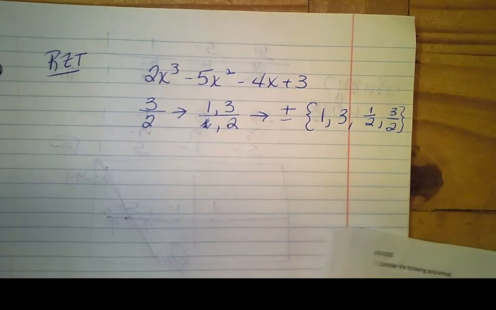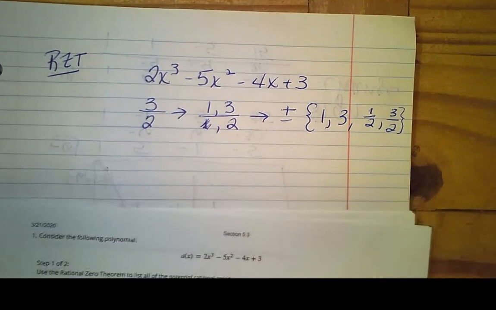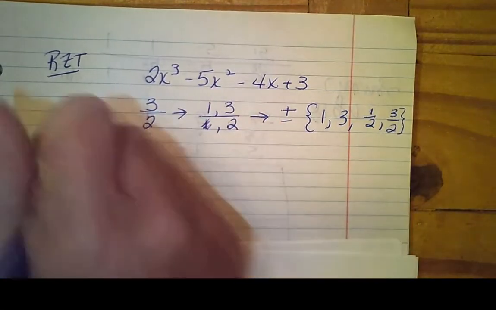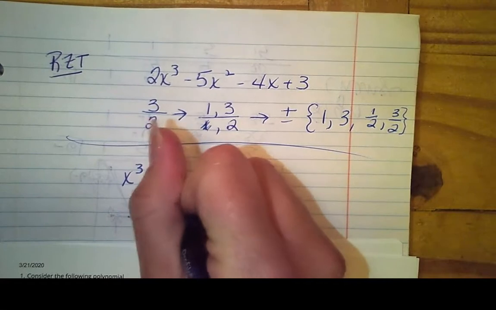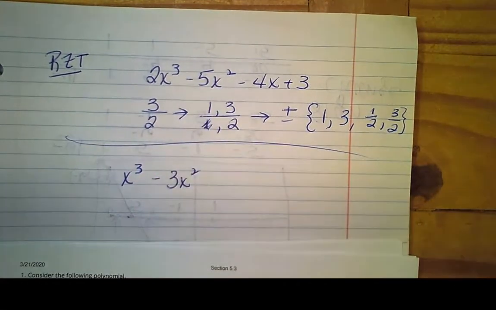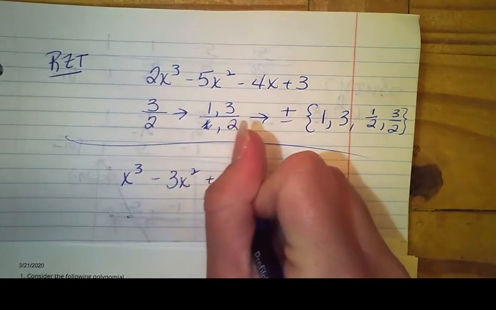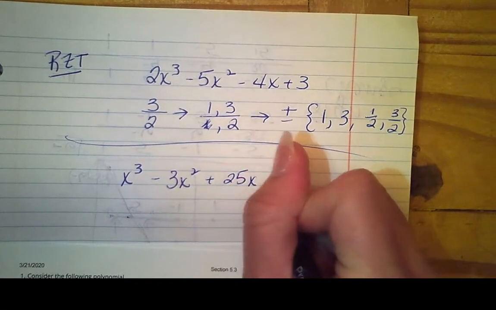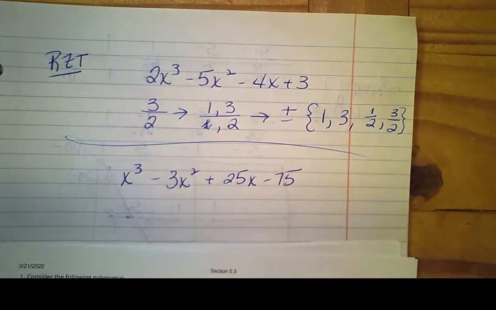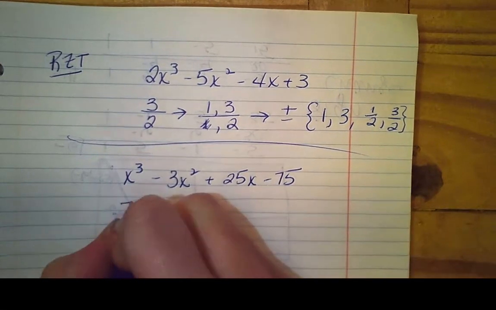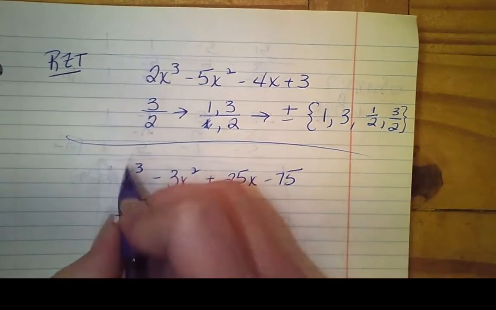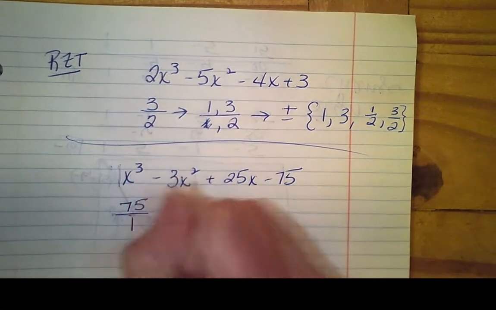So let's just do it a couple more times. I've got x^3 - 3x^2 + 25x - 75. So rational zeros theorem says take the last number, which is 75, over the first number, which is 1.